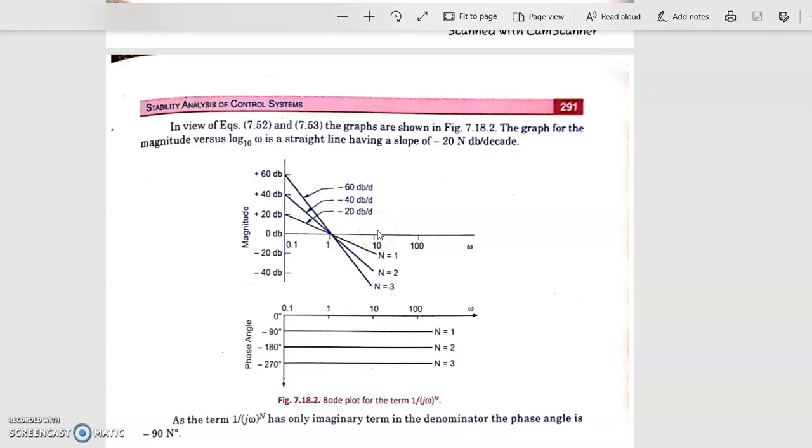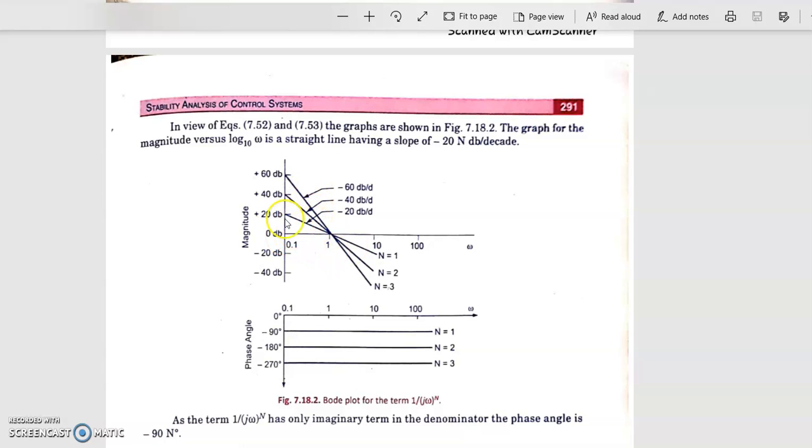You have to know the concept that due to a pole there is always a negative slope, and due to zeros always a positive slope. Suppose there is only one pole and the system is type 1, so the slope will always be minus 20 decibel per decade. If the system is type 2, then the slope is always minus 40 dB per decade. If the system is type 3, then the slope will always be minus 60 decibel per decade.